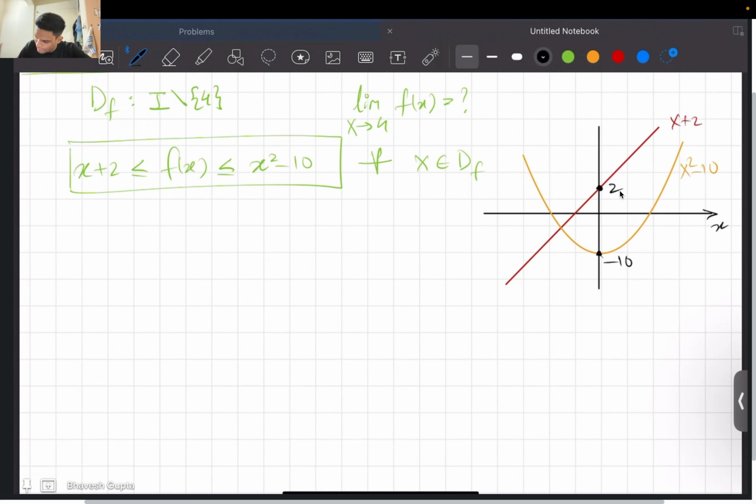This is your x-axis. This is your y-axis. So now the interesting fact is, in case you are wondering, this is my minus 2, and this is something called root 10, I guess, and this is your minus root 10. I guess now the situation is clear to all.